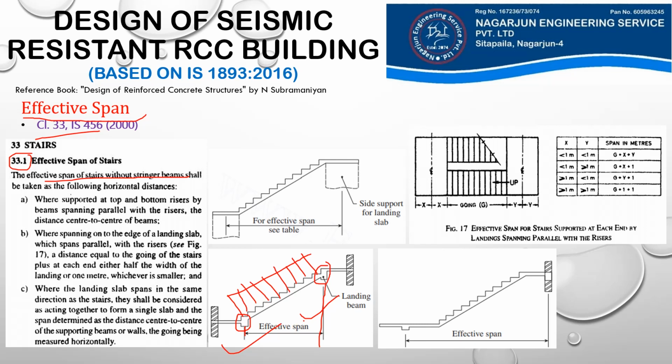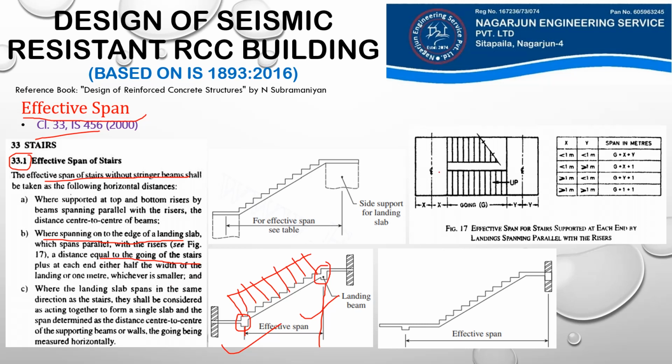If you see clause B, what it says is that where spanning onto the edge of a landing slab, which spans parallel with the risers, a distance equal to the going of the stairs plus at each end either half the width of the landing or 1 meter, whichever is smaller.